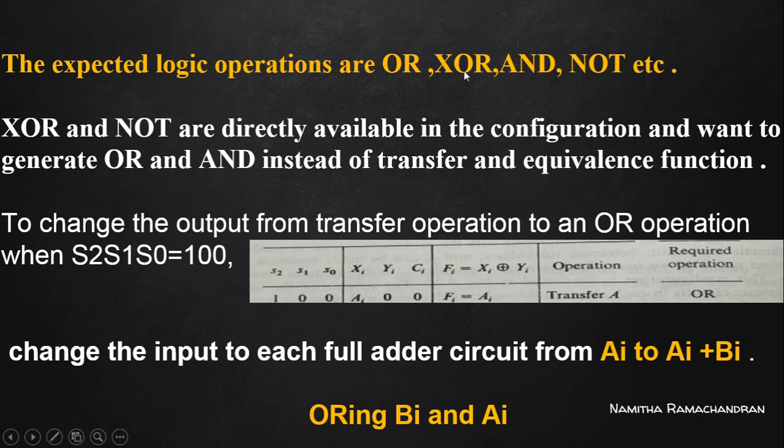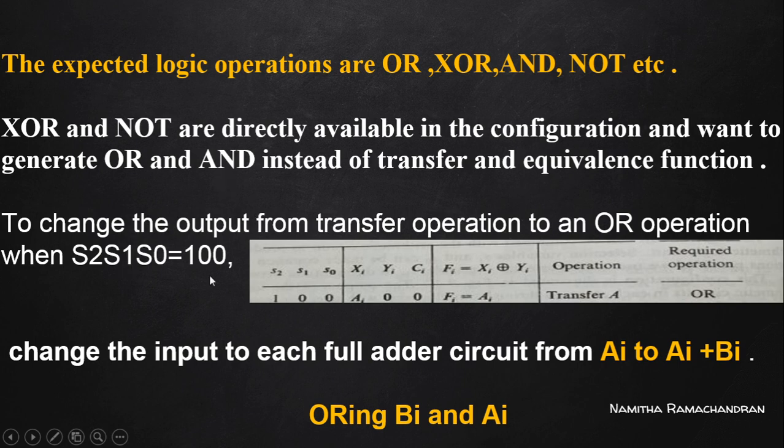XOR and NOT are directly available from our given input set. Now we are going to generate the logical OR and logical AND. We need to convert the transfer operation to the logical OR operation first, then we need to convert the equivalence operation to the logical AND operation.